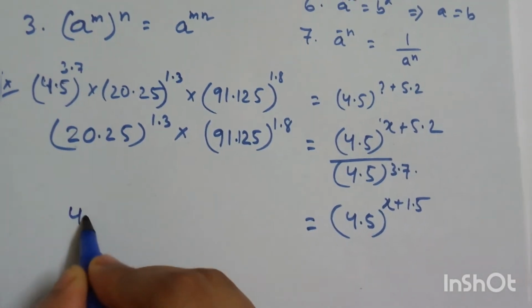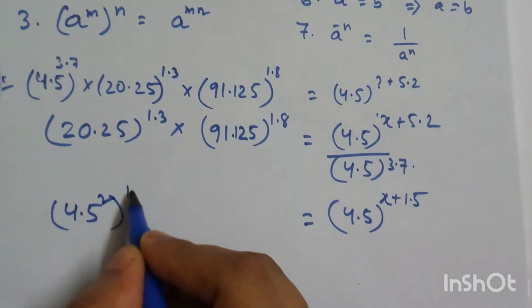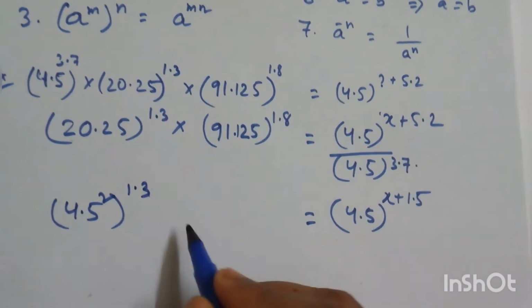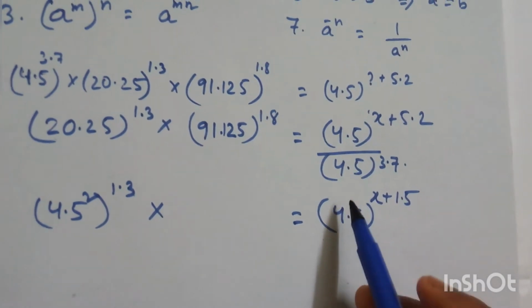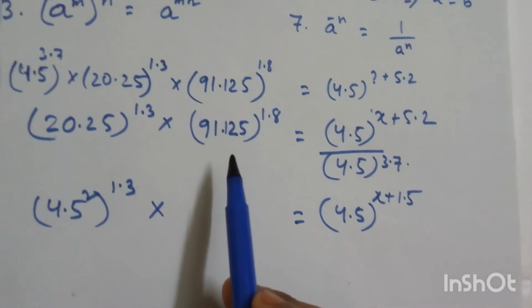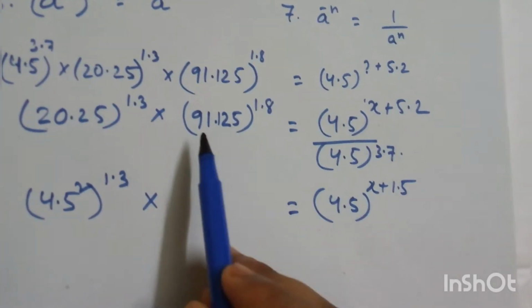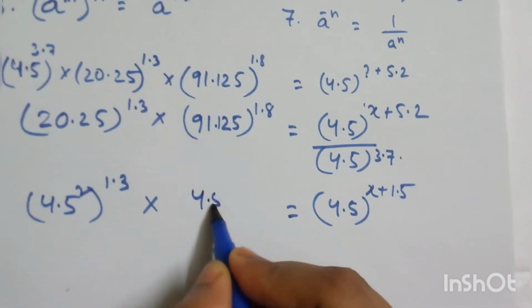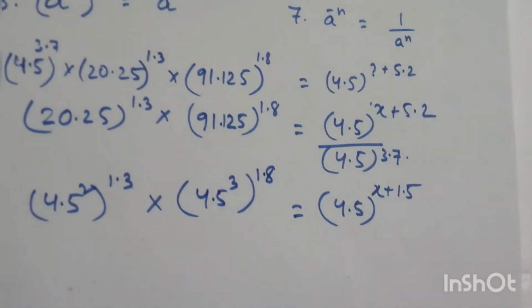So we can conclude it is squared to the power this, and we know 4 cubed is equal to 64, which is nearer to this number. So 4.5 cubed may be this number. So 4.5 cubed to the power 1.8.